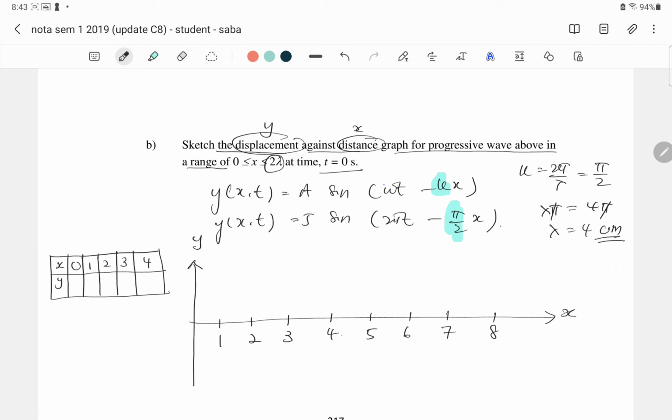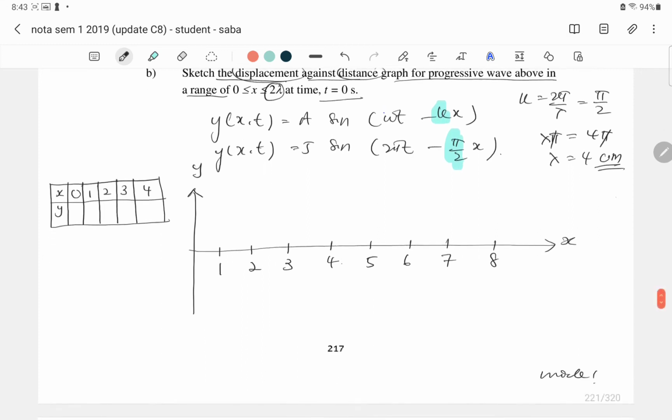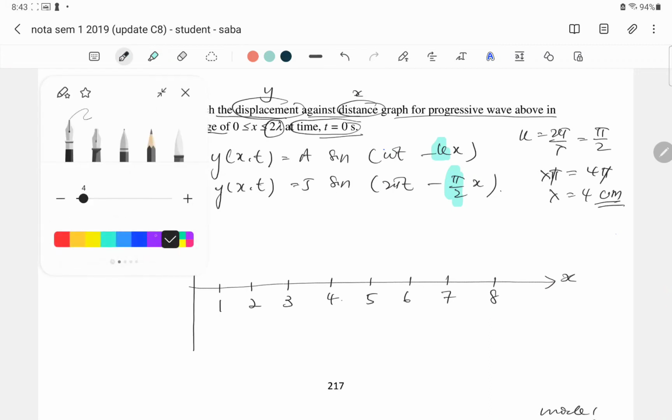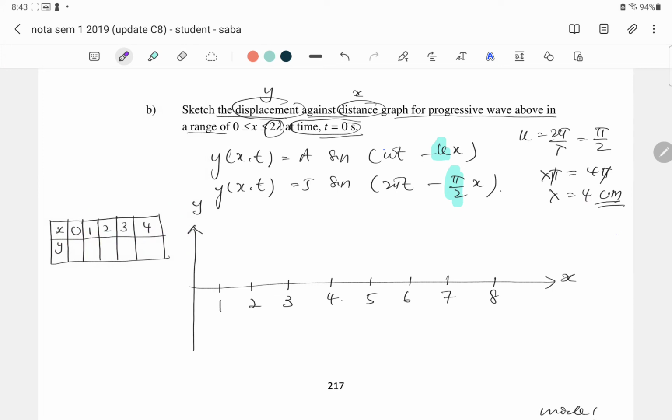Okay, so we find first for x equal to 0. At time t equal to 0, so your equation will be like this. y(x,0) equal to 5 sin 0 minus pi over 2 x.